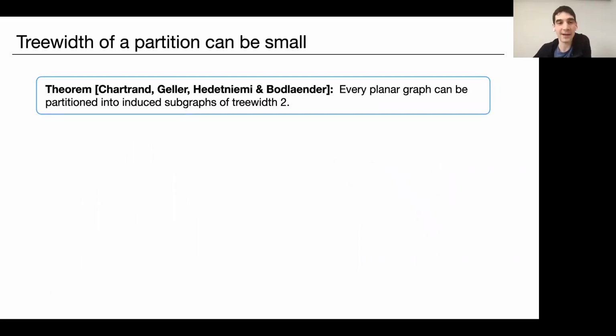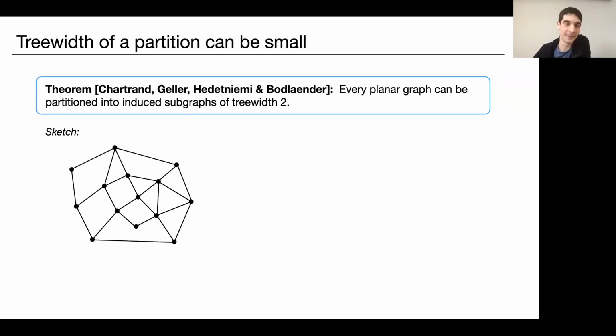But a slightly more interesting example of this comes from planar graphs. It turns out that every planar graph can be partitioned into subgraphs of tree width 2. This may look a bit mysterious at first, but the proof is actually very nice and simple, so I'll sketch that now. Imagine that we start with some planar graph, and I'm going to give you a partitioning of the vertices.